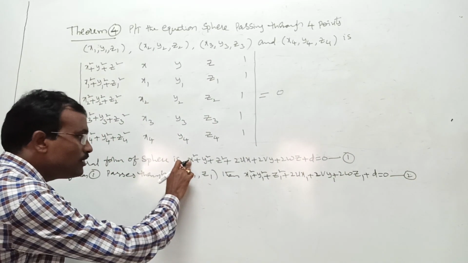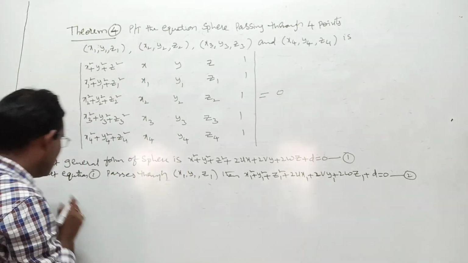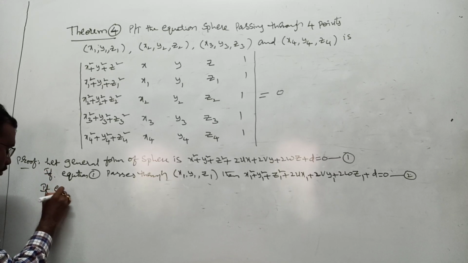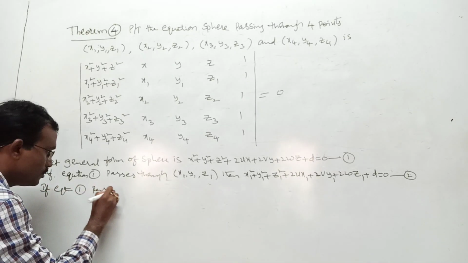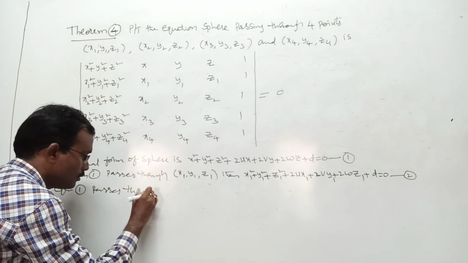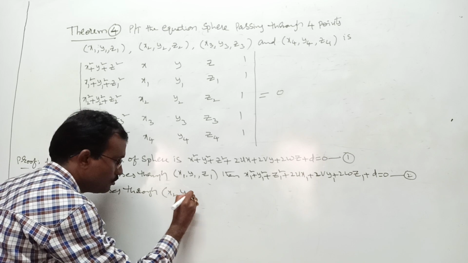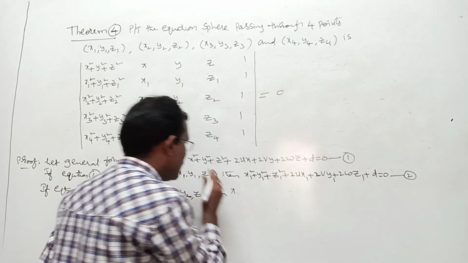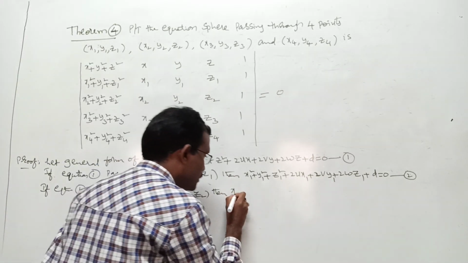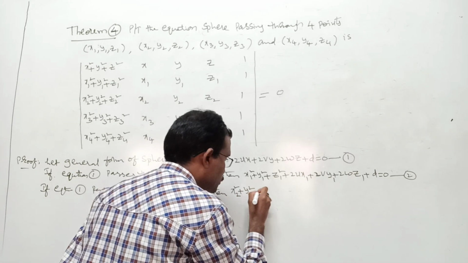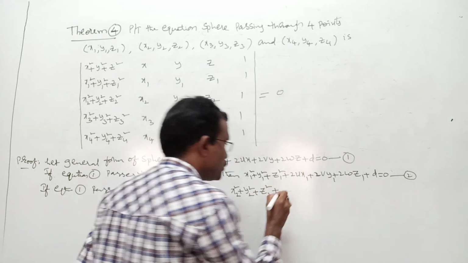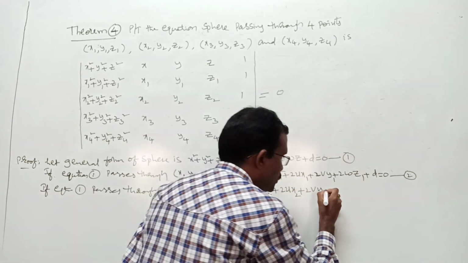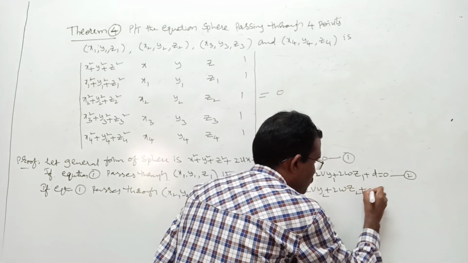Next, given that this passes through the second point, if equation 1 passes through the second point x2, y2, z2, then what do you get? Replace x with x2, y with y2, z with z2. x2 square plus y2 square plus z2 square plus 2ux2 plus 2vy2 plus 2wz2 plus d equal to 0.